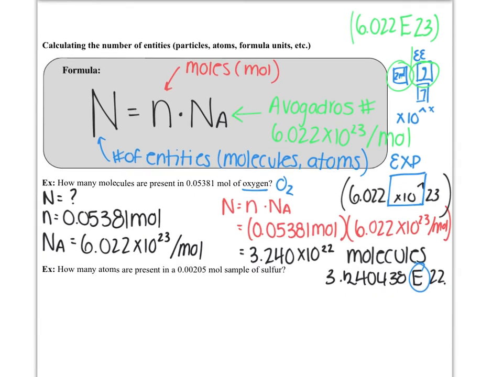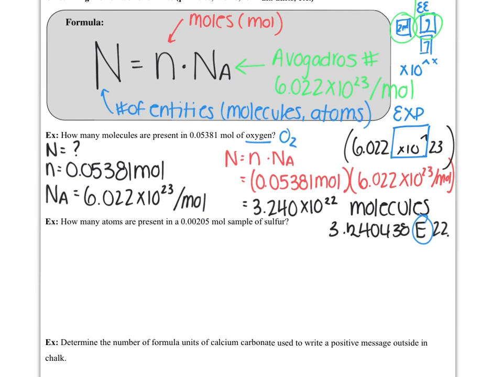All right, our next example is how many atoms, or again, molecules, are present in 0.00205 moles of sulfur. So we have the number of moles. We have Avogadro's number as always. We're going to use the same formula. What I'd like you to do is try it on your own from here, and I will give you the answer. Pause it now.